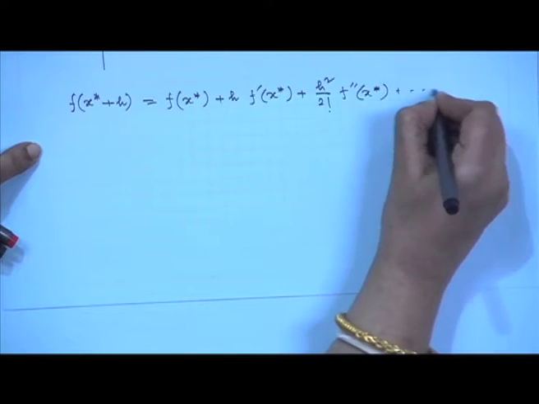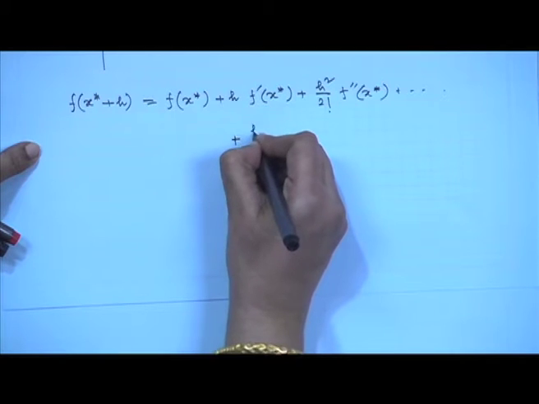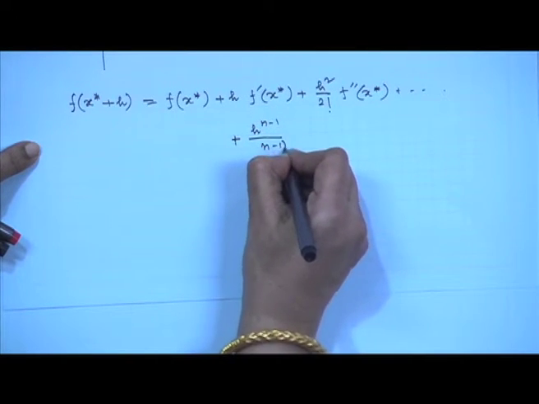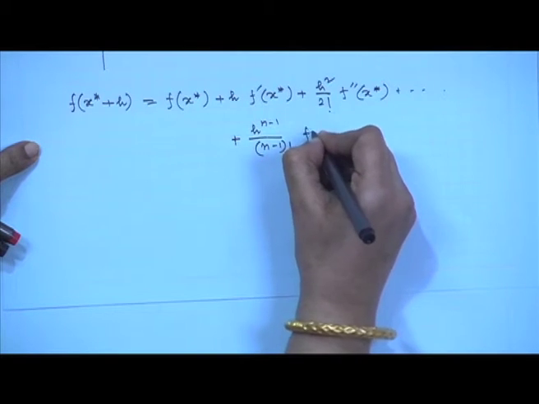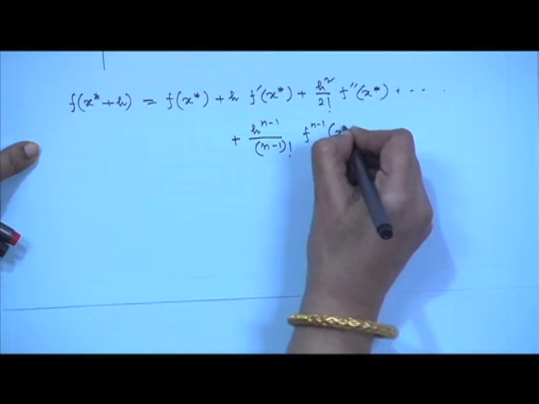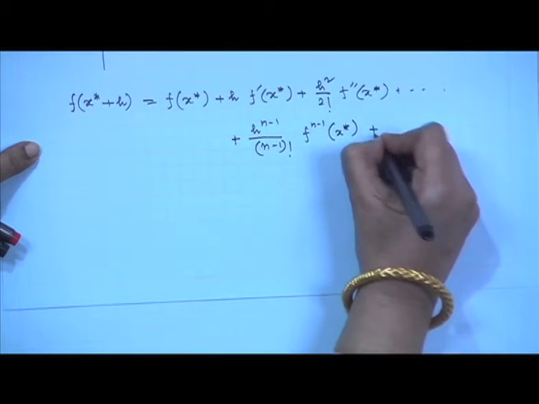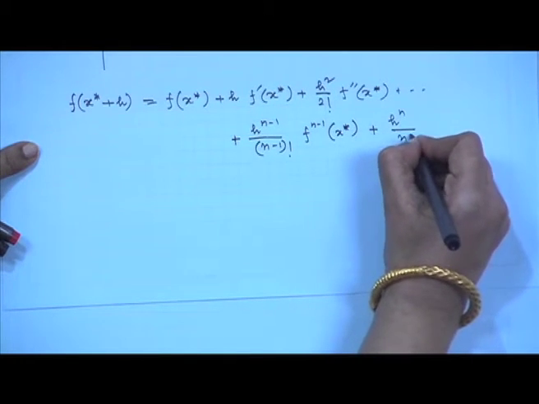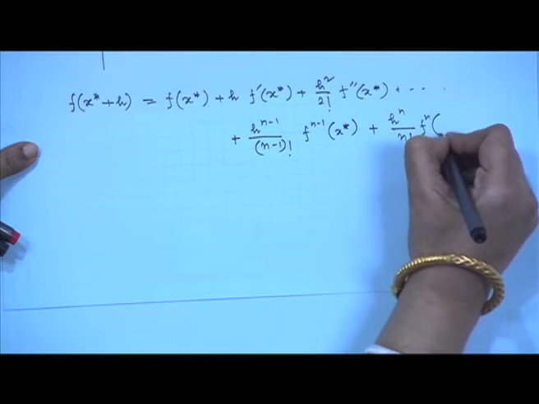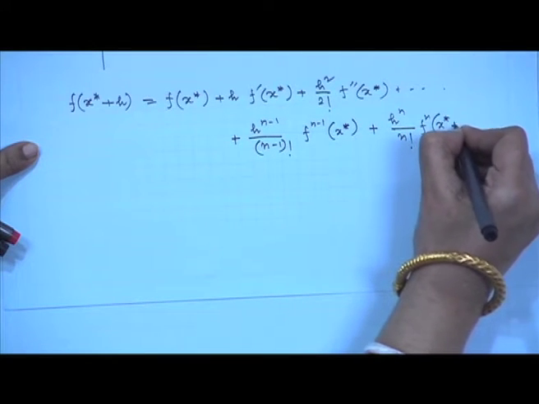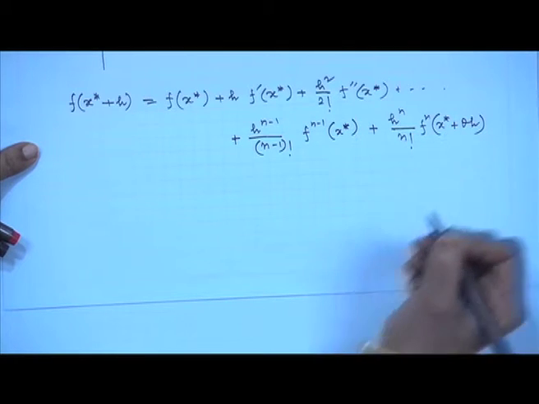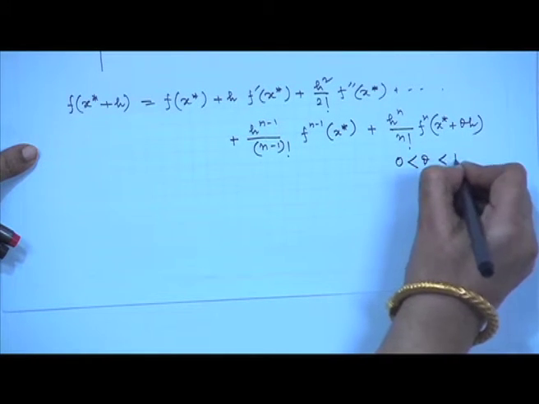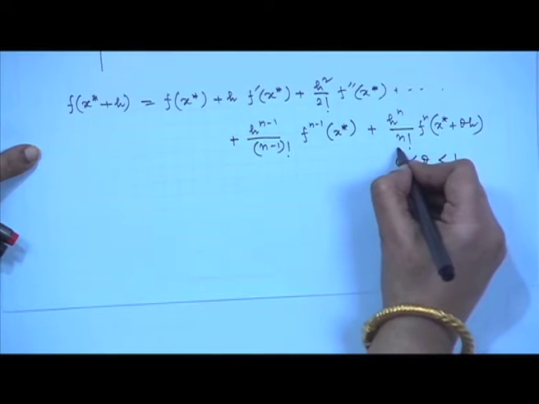That is why we will move up to the nth term, like this, n minus 1. This is the nth term, and there is a remainder at the nth term, f n of x star plus theta h, where theta is between 0 and 1. This is my remainder term.